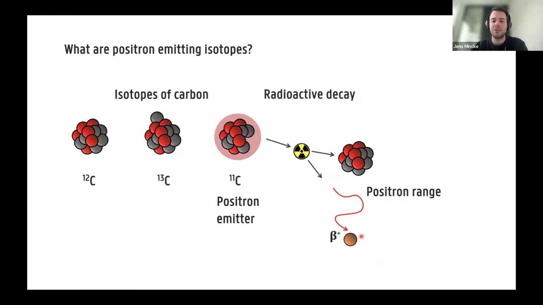Once the positron has a reduced kinetic energy and comes across a free electron, according to the law of our good friend Albert Einstein, the mass of both particles is converted into 2 gamma rays that travel in opposite directions.